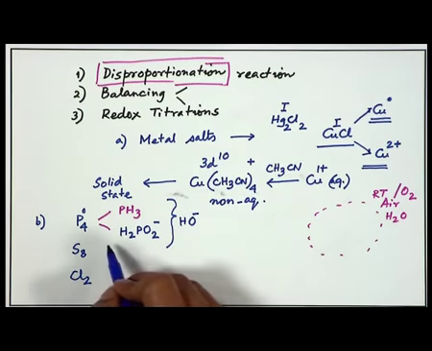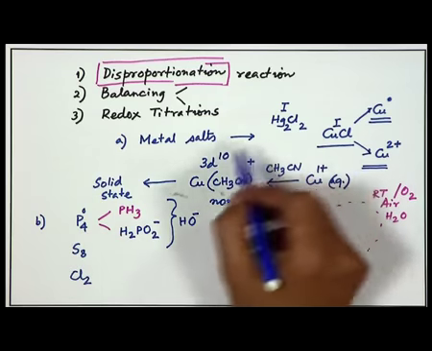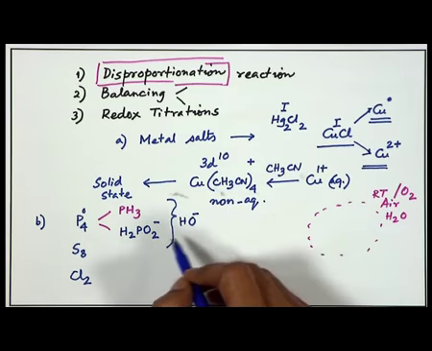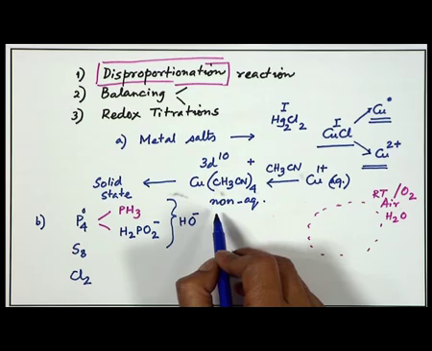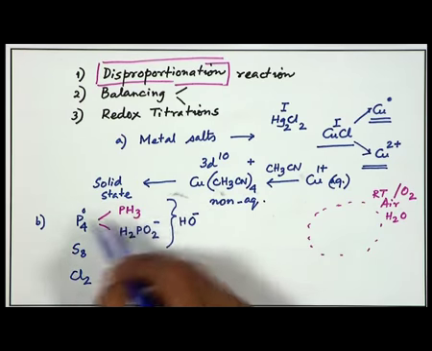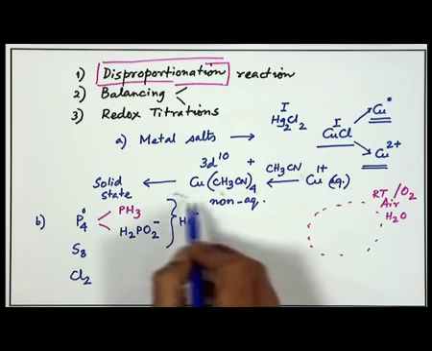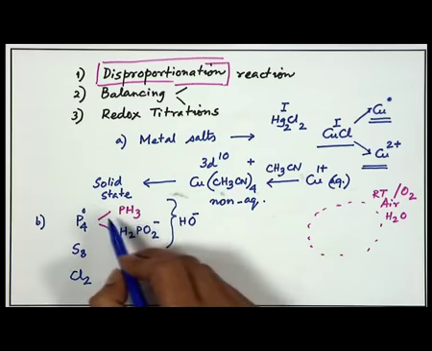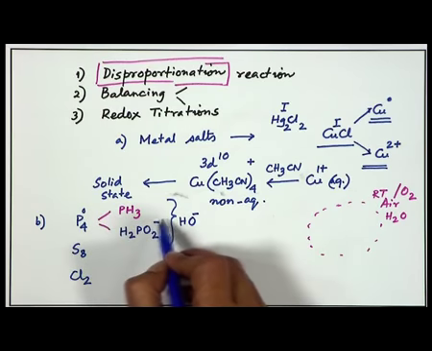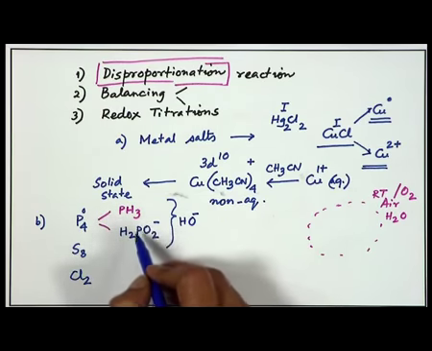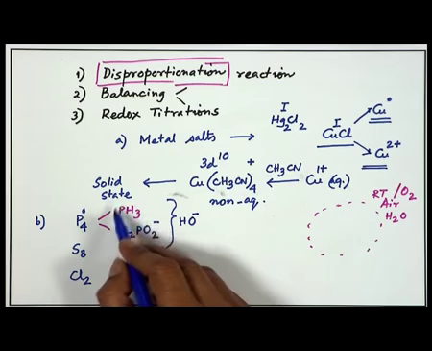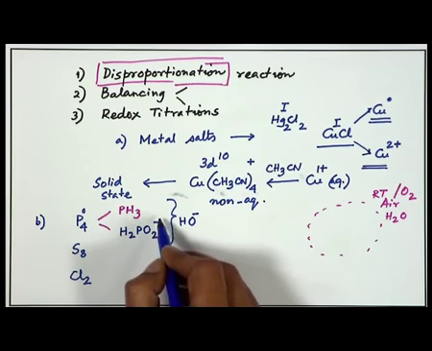So, this particular disproportionation reaction is much more complicated compared to our UV photolysis of mercurous chloride, where we have seen that simple heating of mercurous chloride can give you two products. But here we should know the typical reaction conditions, and sometimes it is not very obvious that you have the products PH3 and H2PO2 minus.